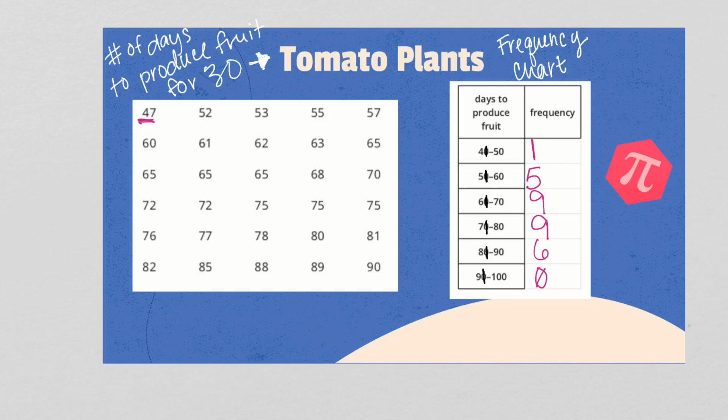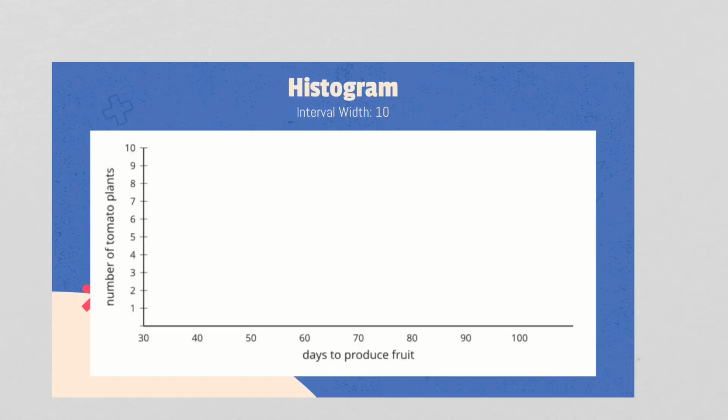All right, so now we're going to take our frequency chart. Let me see if I can copy this over. It's kind of messy. Let me copy it. And we're going to paste it right there. Looky there. That was super helpful. Okay. So from 31 to 40, we did not have anything.